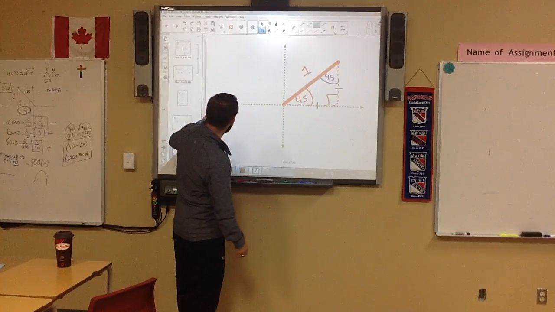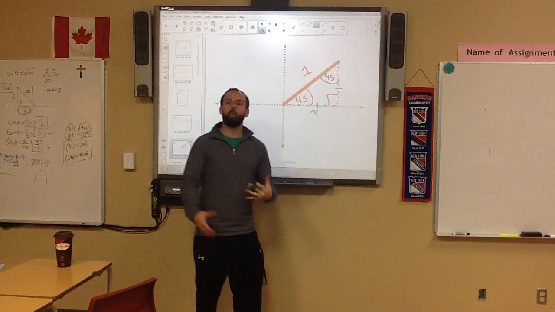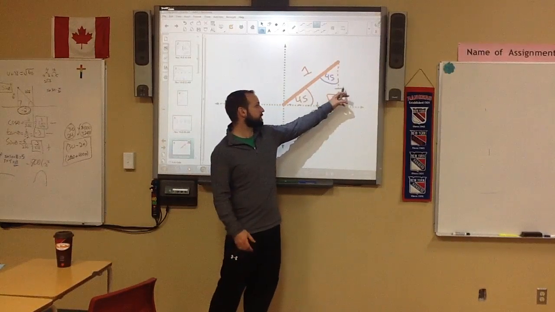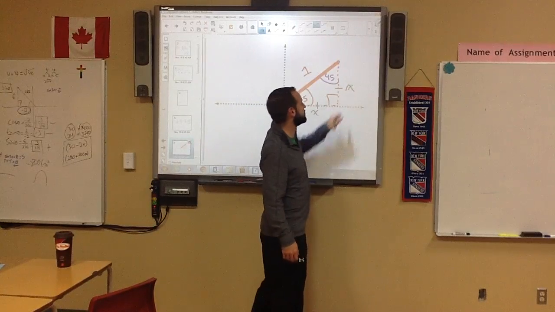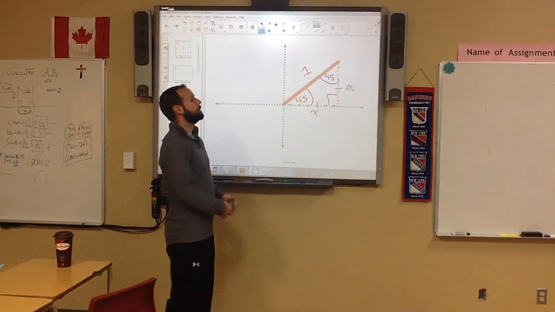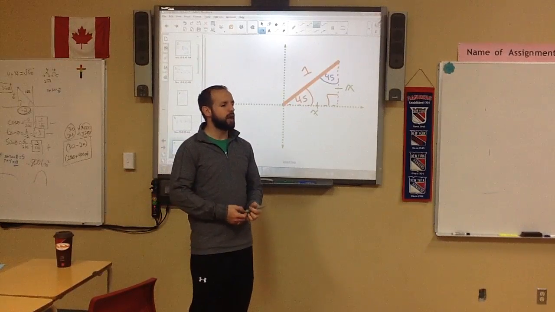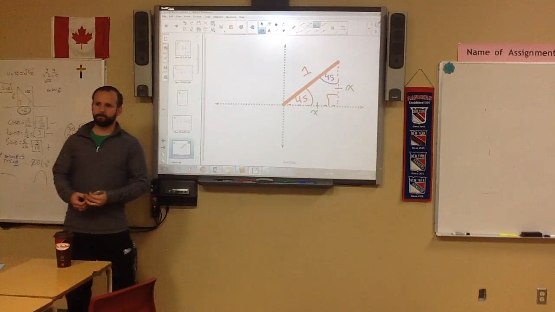So if I'm drawing this out, I'm saying that this side is going to be x. What variable can I use for this side? I would use x because they have to be the same side length. Excellent. Can I solve for that side length now without having to do any trigonometry?